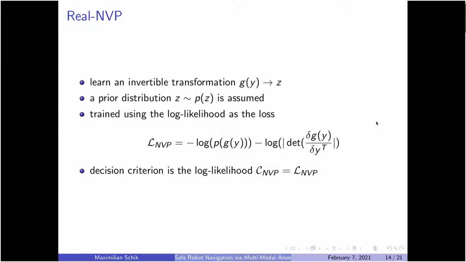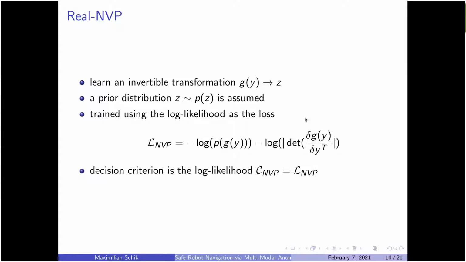The next approach is the real NVP. This is a type of normalizing flow, and it works by learning a bijection, so an invertible transformation G, which doesn't change the dimensionality, but we try to map the distribution in the latent space into a known prior, for example, a normal distribution.